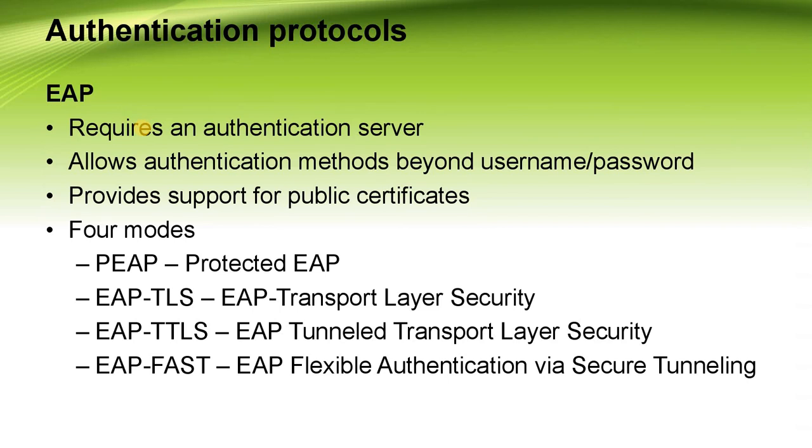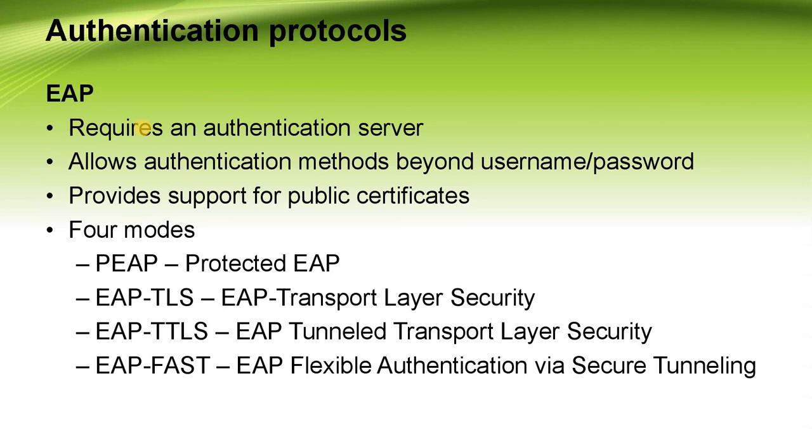EAP-TTLS is a variant of the EAP-TLS protocol. It works much the same way as EAP-TLS, with the server authenticating to the client with a certificate, but the protocol tunnels the client side of the authentication, allowing the use of legacy authentication protocols such as Password Authentication Protocol, Challenge Handshake Authentication Protocol (CHAP), and MS-CHAP or MS-CHAP version 2.